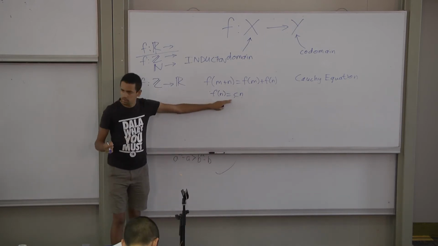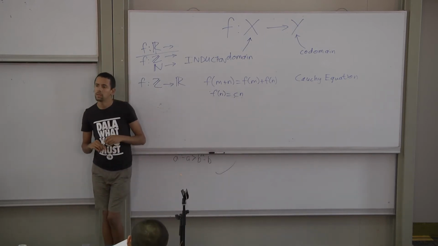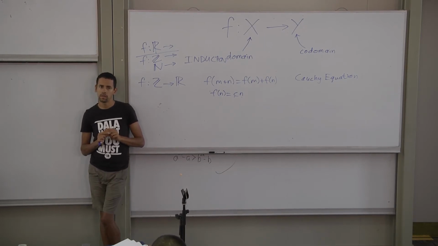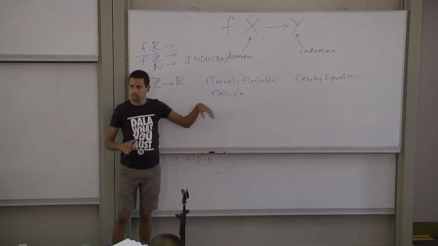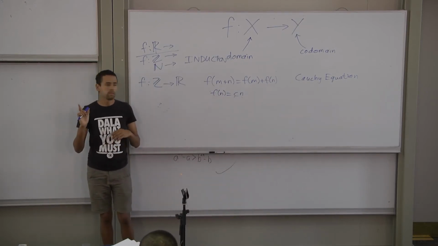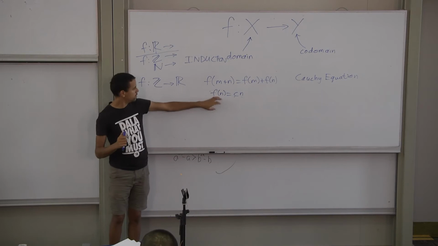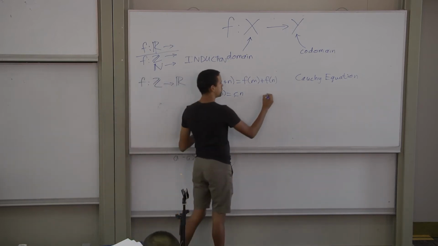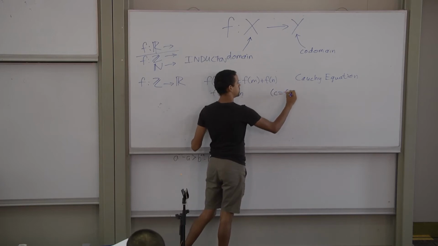What would the value of this constant be in terms of the function itself? If this is true, f of n is Cn, yeah? It would be f of 1. Yes, it would be f of 1, because if we put n equals 1 in here, we would have C equal to f of 1.